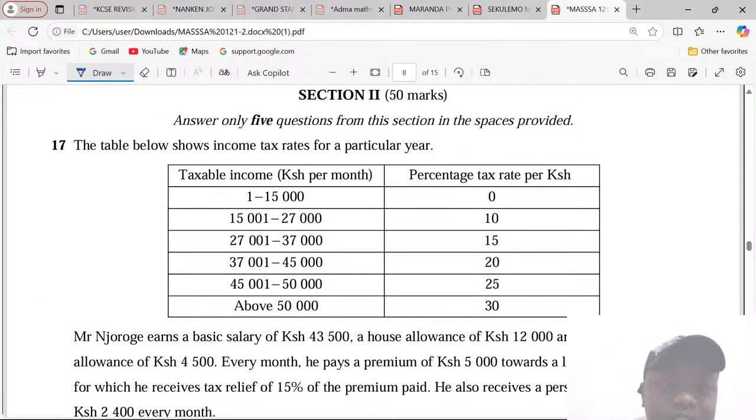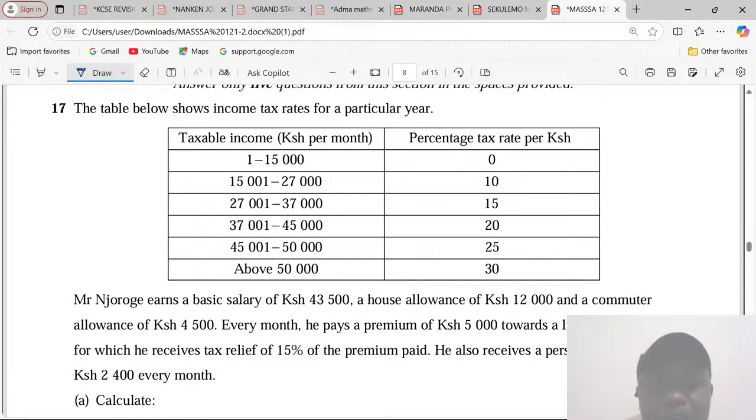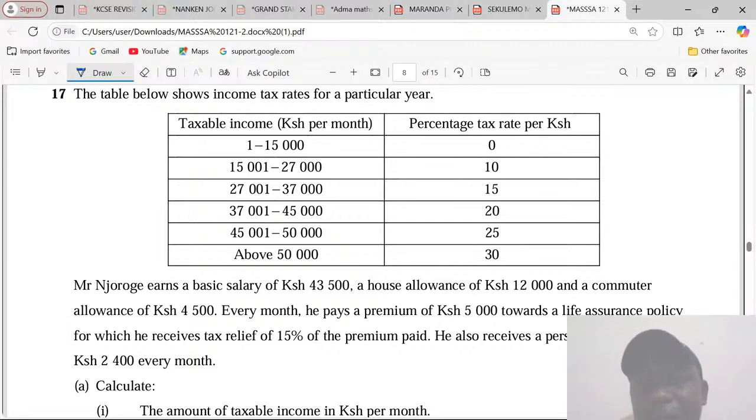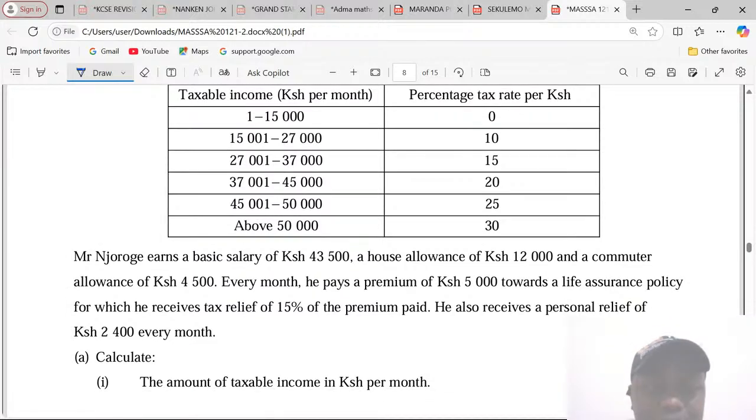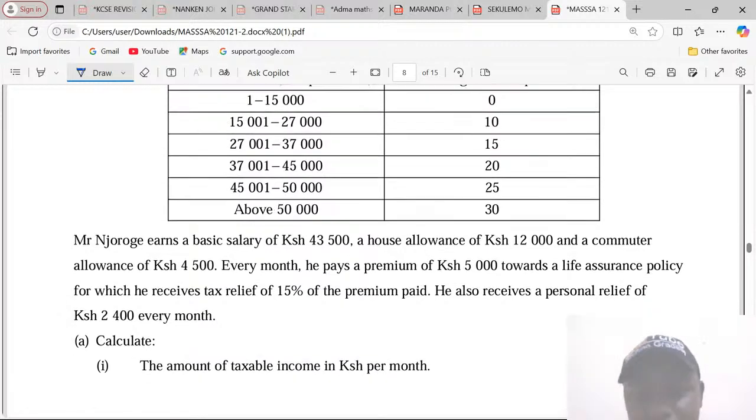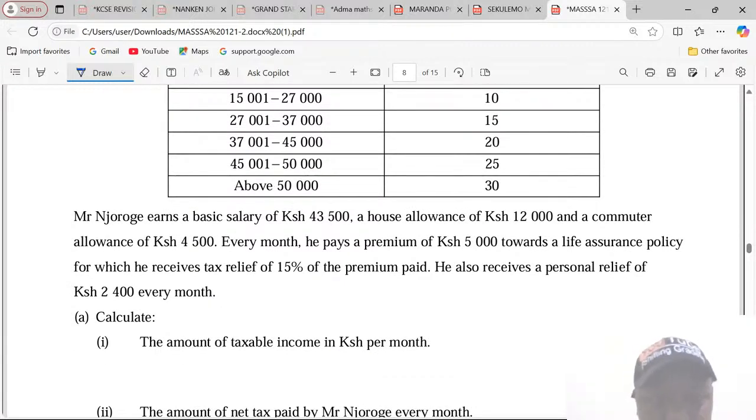The table below shows income tax rates for a particular year. So taxable income in Kenya shillings per month. We also have percentage tax rates per Kenya shilling. So these are percentages in other words. Mr. Joroge earns a basic salary of 43,500, a house allowance of 12,000, a commuter allowance of 4,500 Kenya shillings.